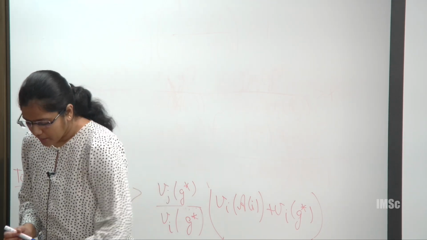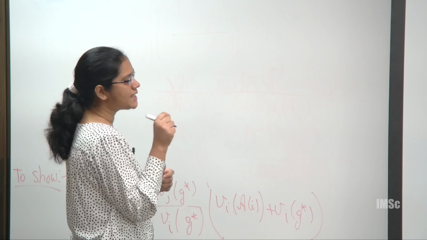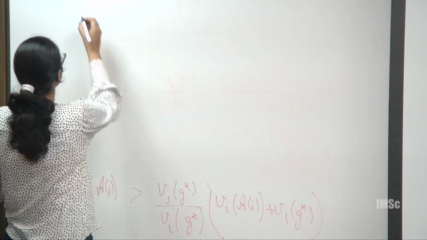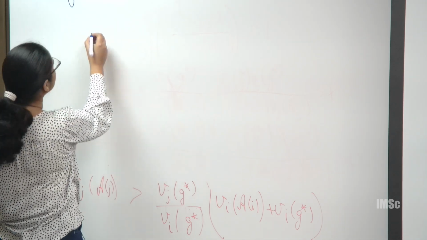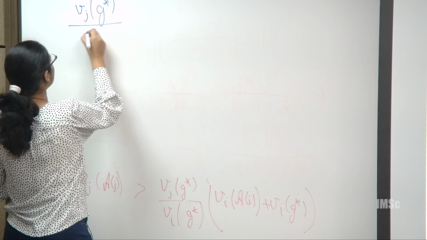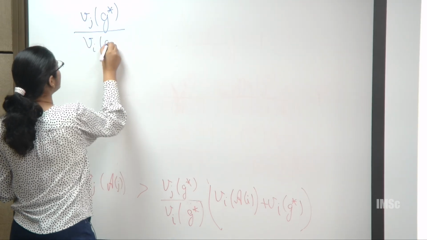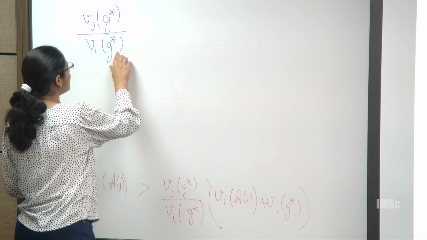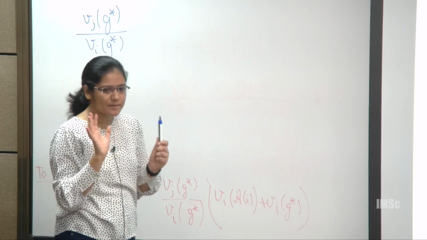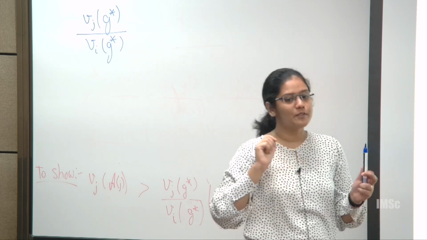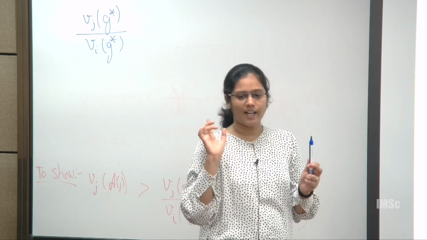Now we know that G star is the one that minimizes this ratio, right. So, if I look at V_j G star divided by V_i G star. Now, what I am going to write may be some standard inequality, but I worked it out and it is true.